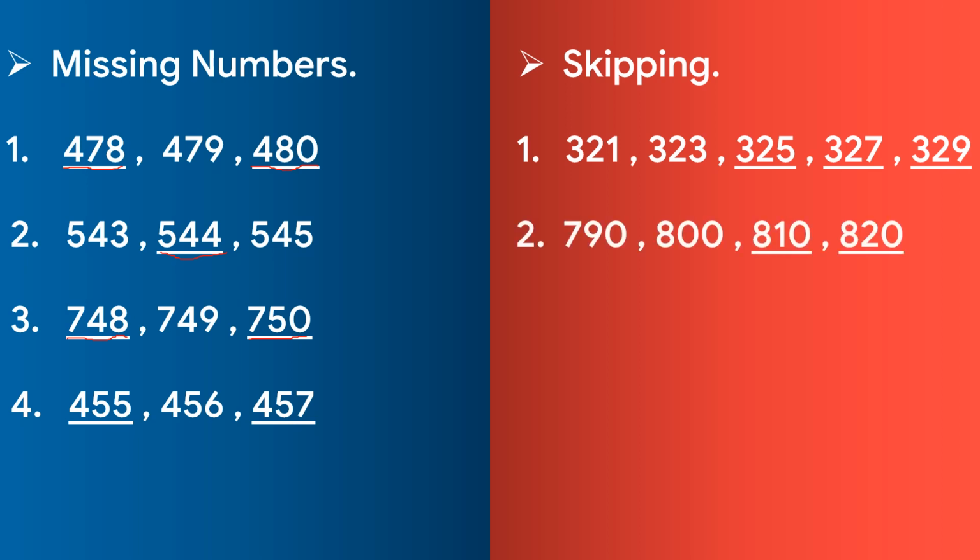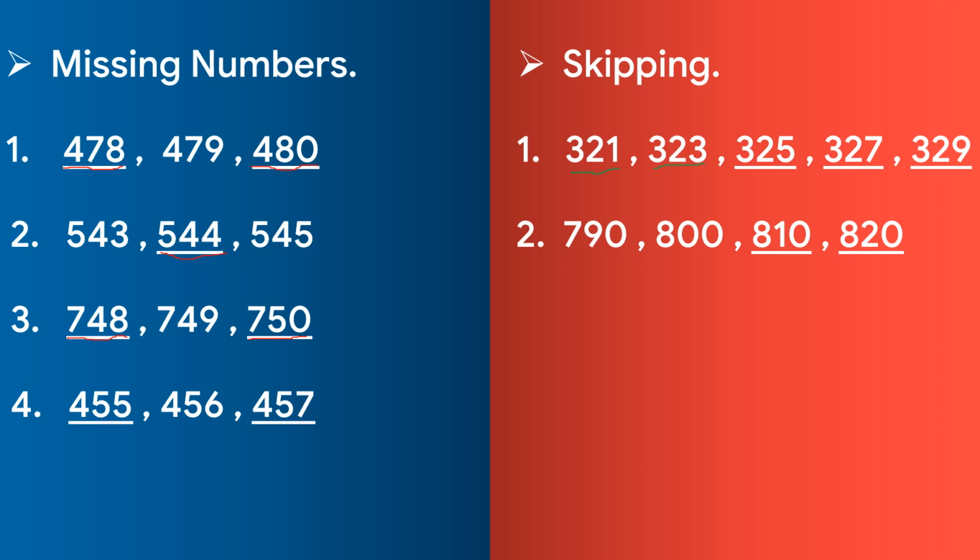So your first series is 321, then 323, then 325. That is your answer. First, from these two numbers 321 and 323, see whether it is forward or backward. It's forward.